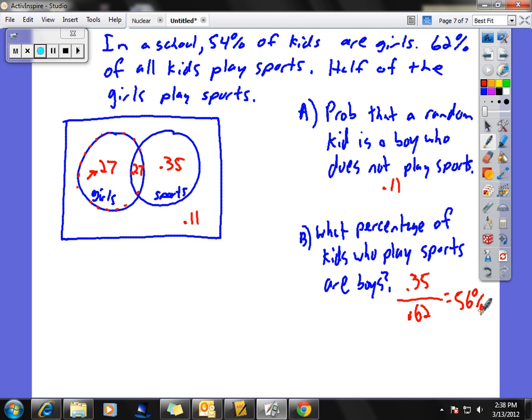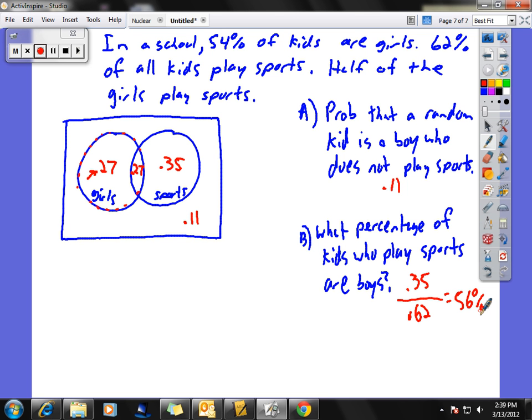Any questions on it? Yeah, I don't understand why you came up with that answer. Right. If the question said what percentage of all the kids are boys who play sports, then the answer would be 0.35. Okay, if that's what the question said. But that's not what the question is saying. This question is saying what percentage of kids who play sports.